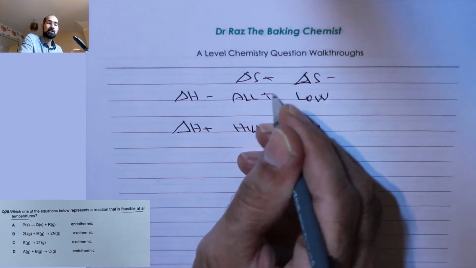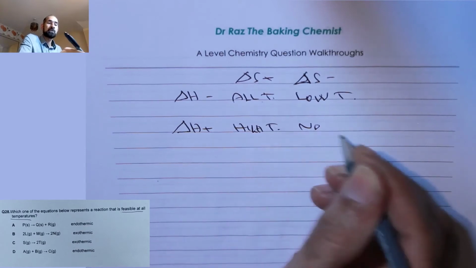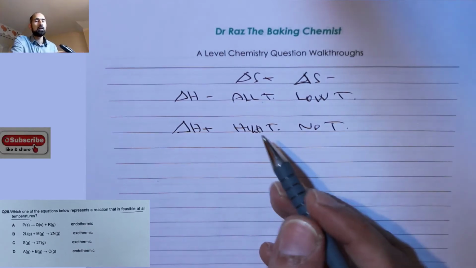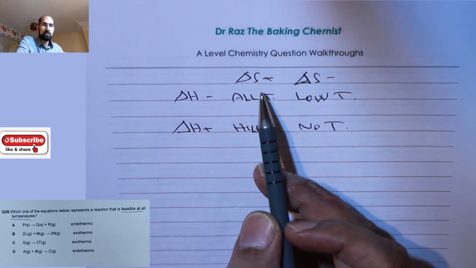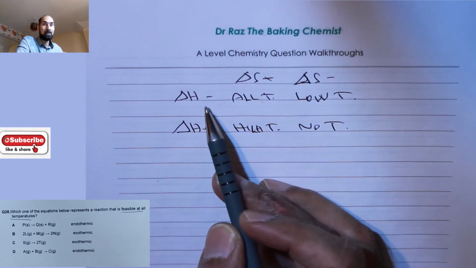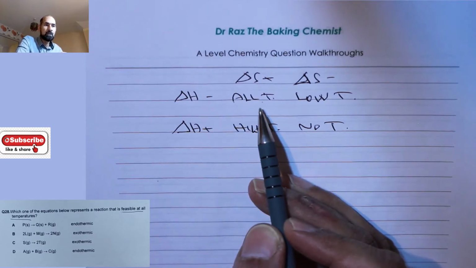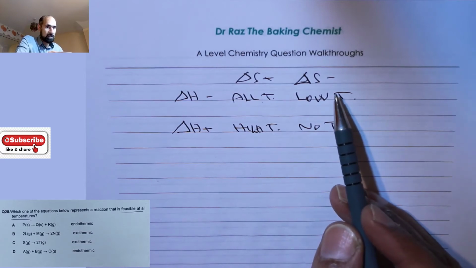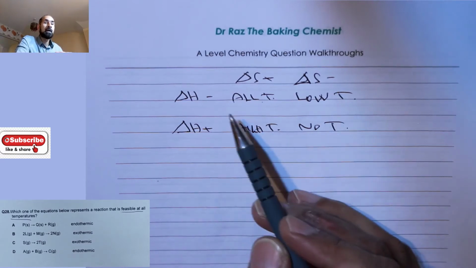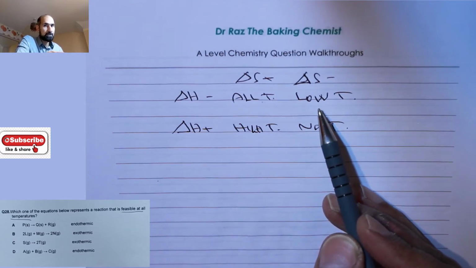So all temperatures, low temperatures, high temperatures, and no temperatures. What that means is this. If a reaction has a positive entropy and a negative enthalpy, in other words exothermic, then that's feasible at all temperatures. If a reaction has a negative entropy and a negative enthalpy, then it's only feasible at low temperatures.